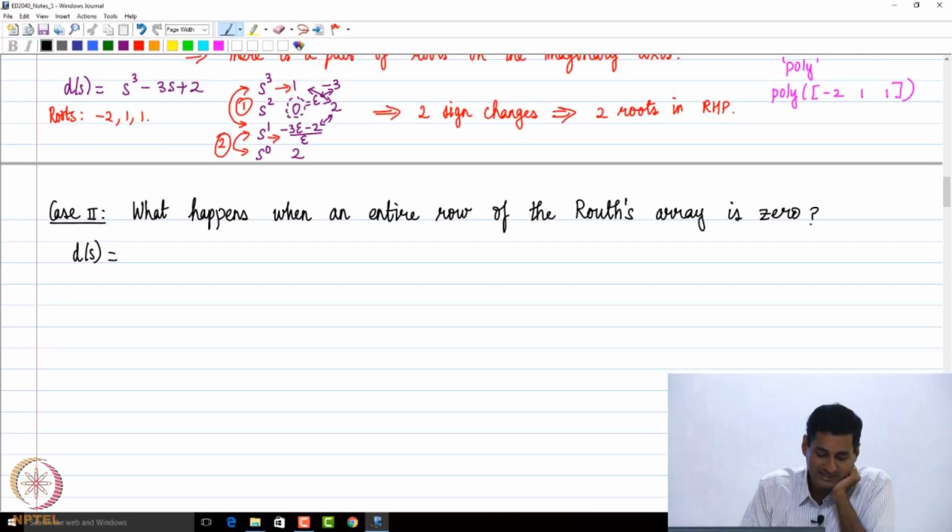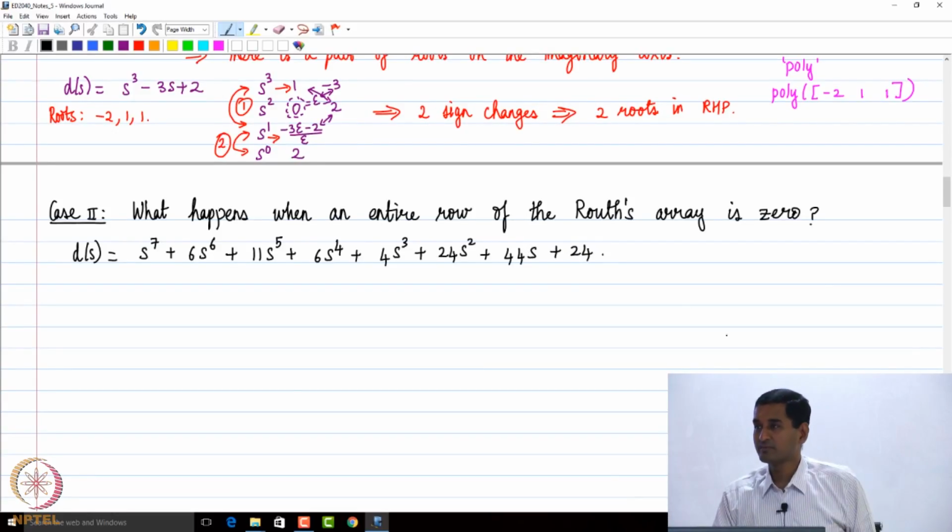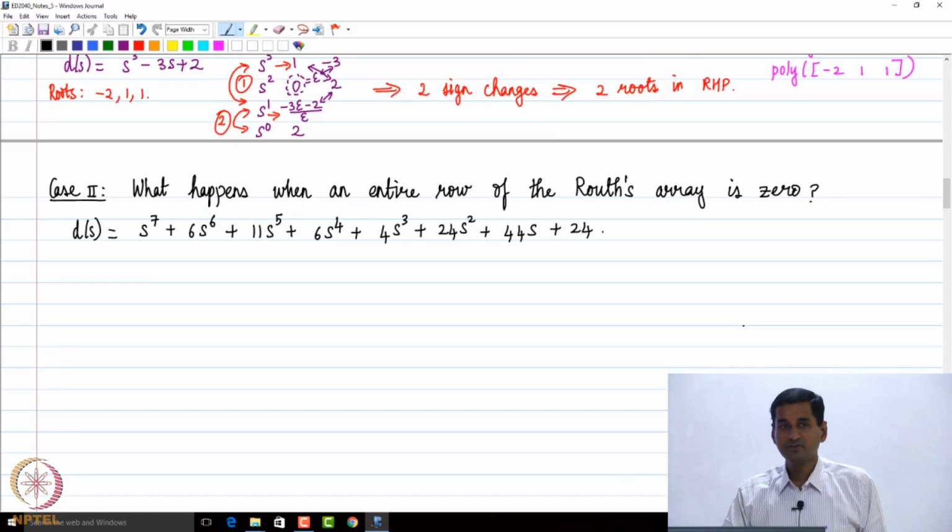So, let us consider the polynomial s^7 + 6s^6 + 11s^5 + 6s^4 + 4s^3 + 24s^2 + 44s + 24. A 7th order polynomial with 8 coefficients.